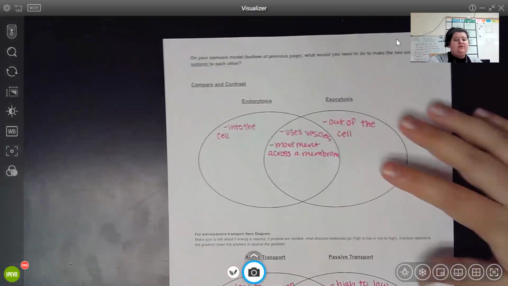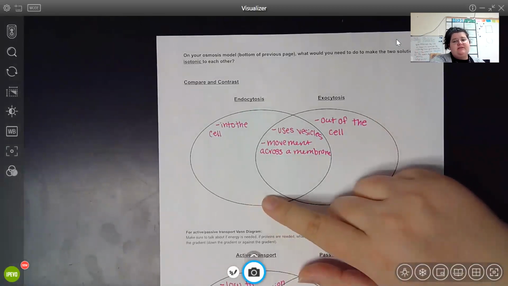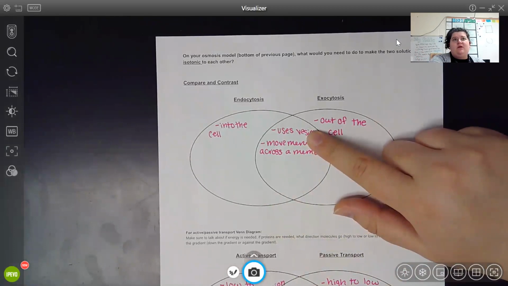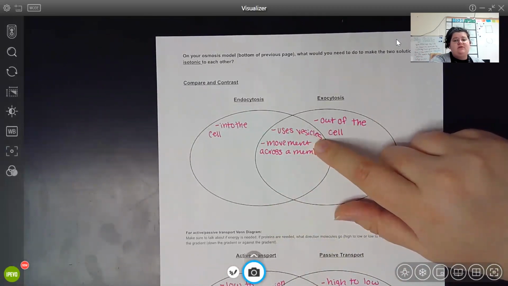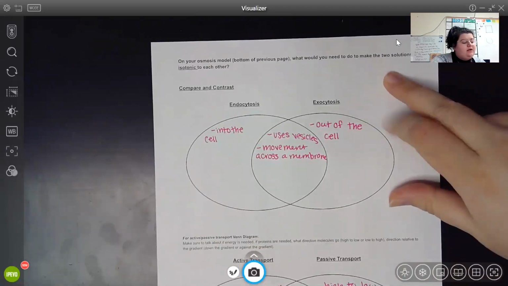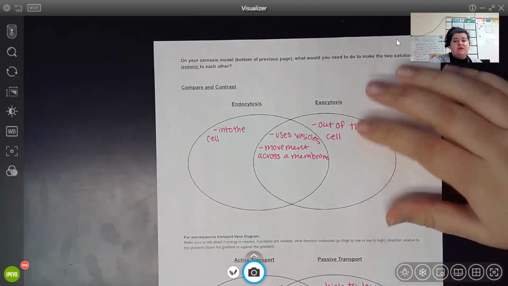On the back, we had 2 different Venn diagrams. Endocytosis is moving into the cell, exocytosis is out of the cell. The similarities of them is going to be vesicles and movement across a membrane. Oh, sorry, I skipped a question. On your osmosis from the previous page, what would you need to do to make them isotonic to each other?